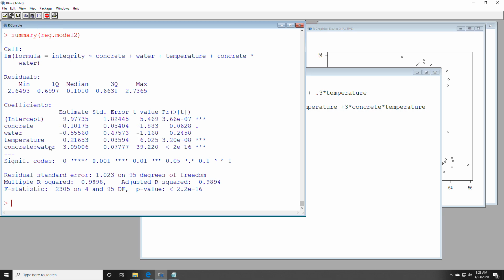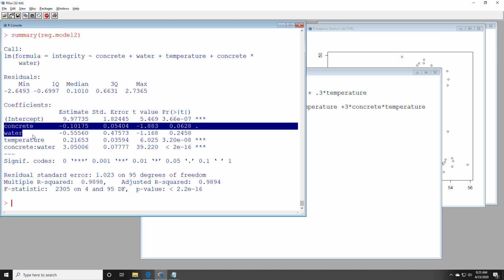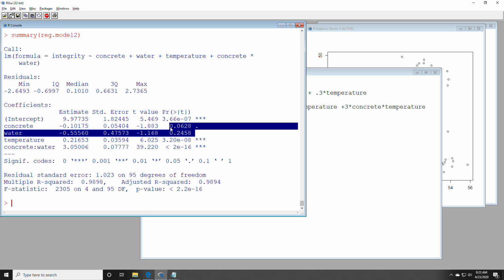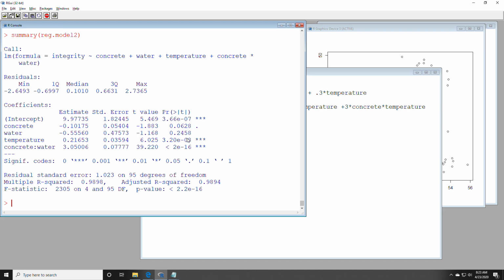When you have something like concrete squared or concrete cubed or natural log of concrete or an interaction like concrete times water, if any higher order term is necessary, you would never kick out lower order terms even if they do not appear significant. So because the interaction between water and concrete is necessary, even if concrete alone or water alone doesn't appear necessary, you would still keep it in the model.